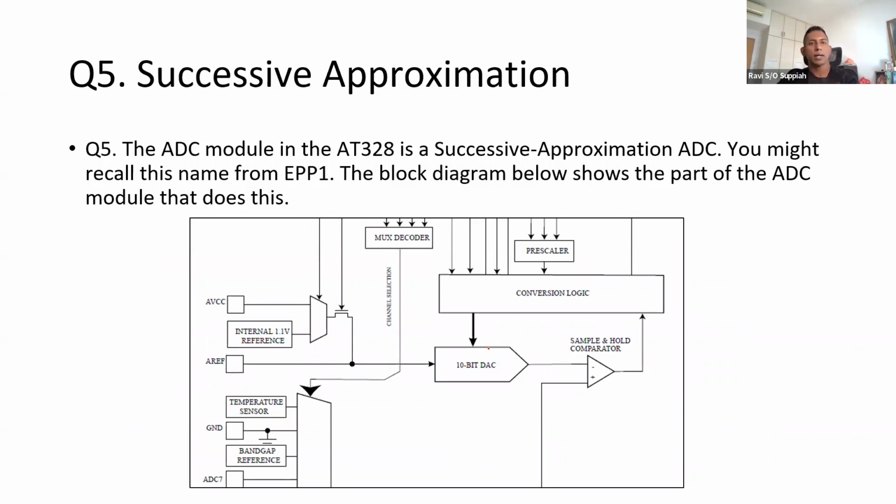The next question is to better understand how this particular ADC module works. There are a lot of different hardware designs that can be implemented to perform an A to D conversion.